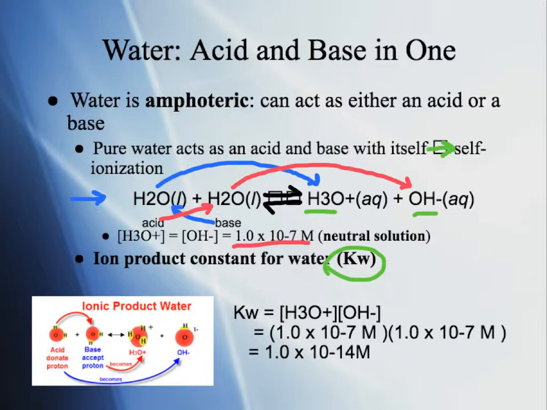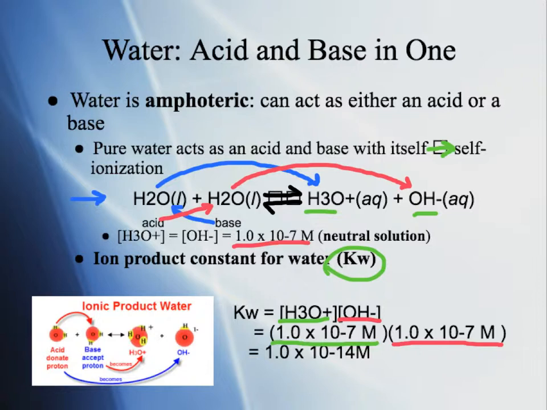So for water, we've got two ions that make up water, the hydronium ion and the hydroxide ion. And in pure water, the hydronium ion is going to be 1 times 10 to the negative 7th molarity, and the hydroxide ion is going to be 1 times 10 to the negative 7th molarity.